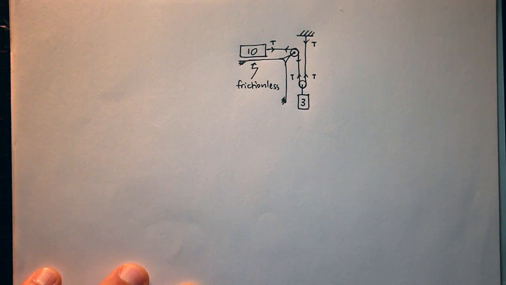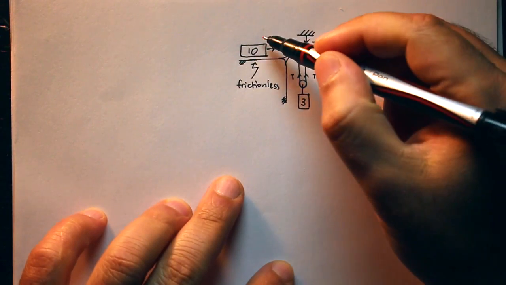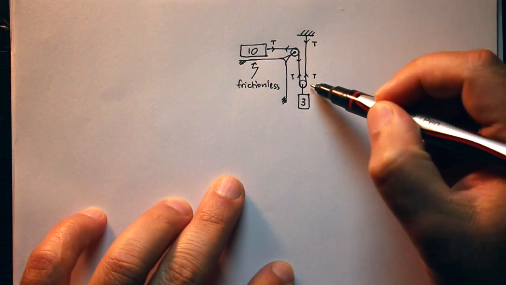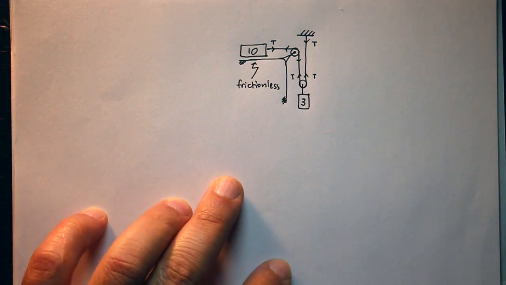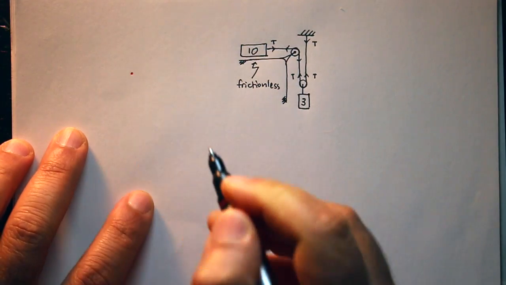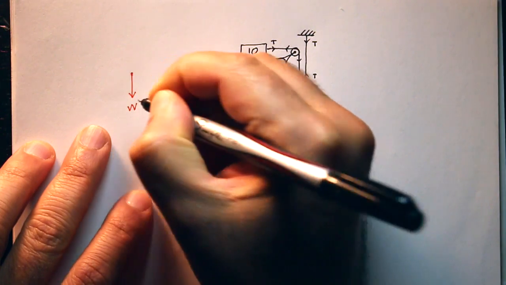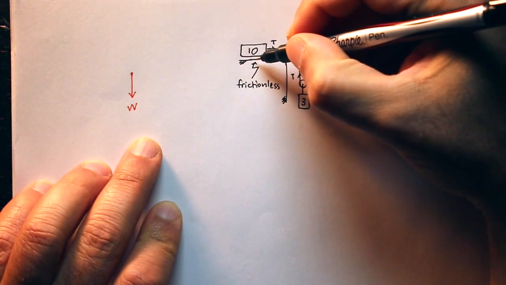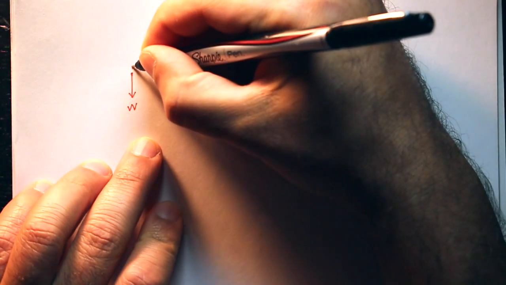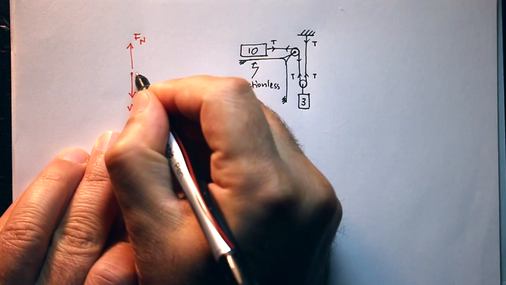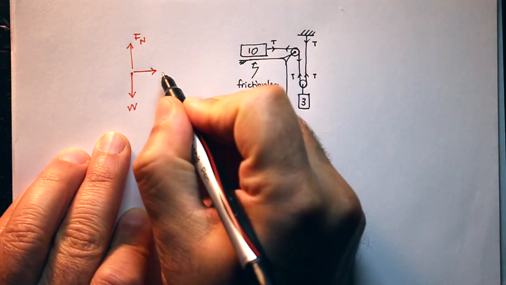Okay, so first thing I'm going to do after that is draw a free body diagram for the 10 kilogram mass and for this combination of mass and pulley for the 3 kilogram. So for the 10 kilogram, there's of course a weight, and there's a normal force with which this surface responds in the y direction, and of course there's a tension in the x direction.